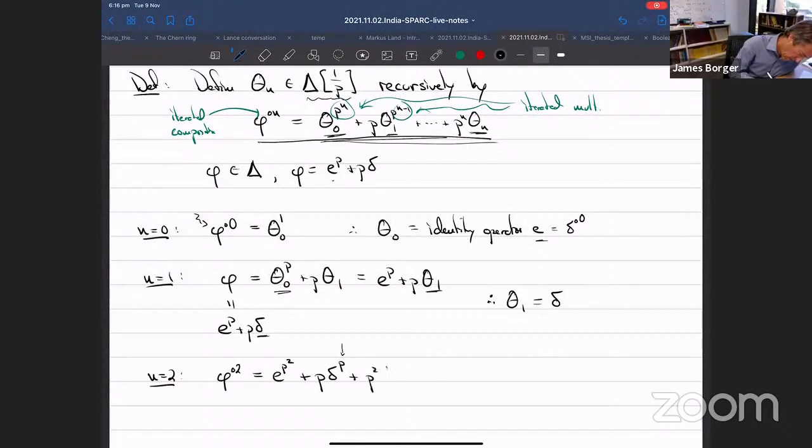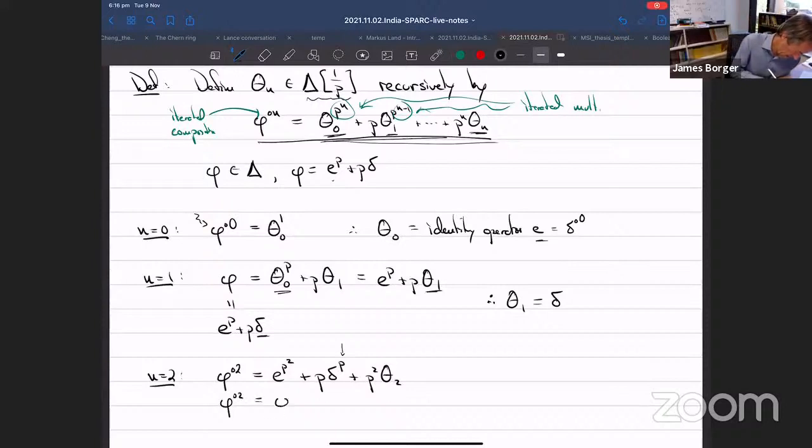And then we have p squared theta 2. So we're trying to solve for theta 2. We want to determine what theta 2 is as a polynomial in the deltas.